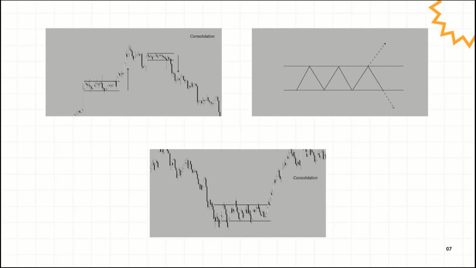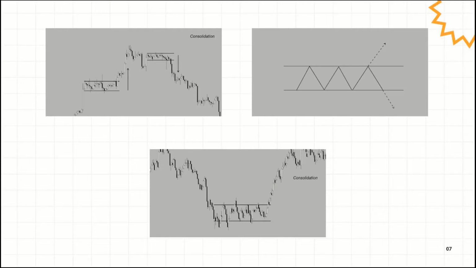Now, if you look at these diagrams, you can see a consolidation, which is a sideways movement, then a breakout happening to the upside. You can see a consolidation, and a breakout happening to the downside. You can see a consolidation also down below here, and a breakout happening to the upside. Then the diagram up here explains that once we have a consolidation or a sideways movement, we can have a breakout above or below.